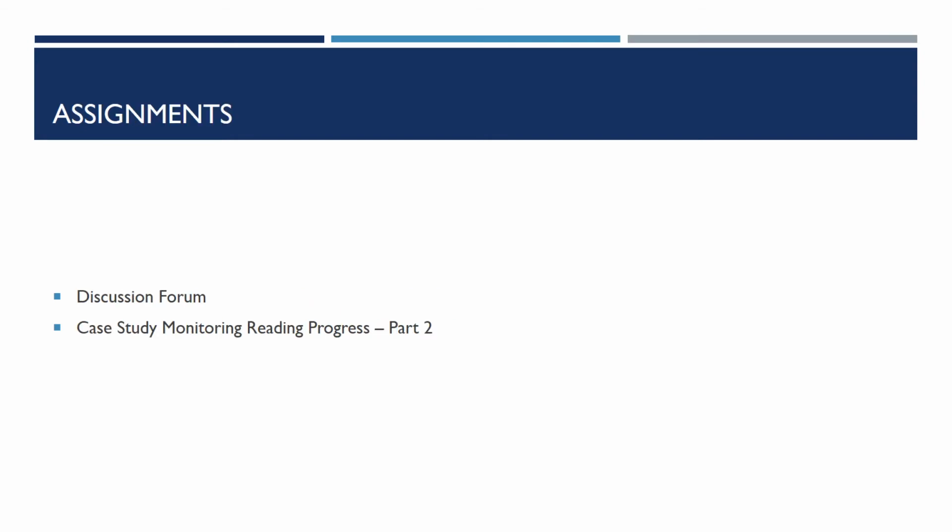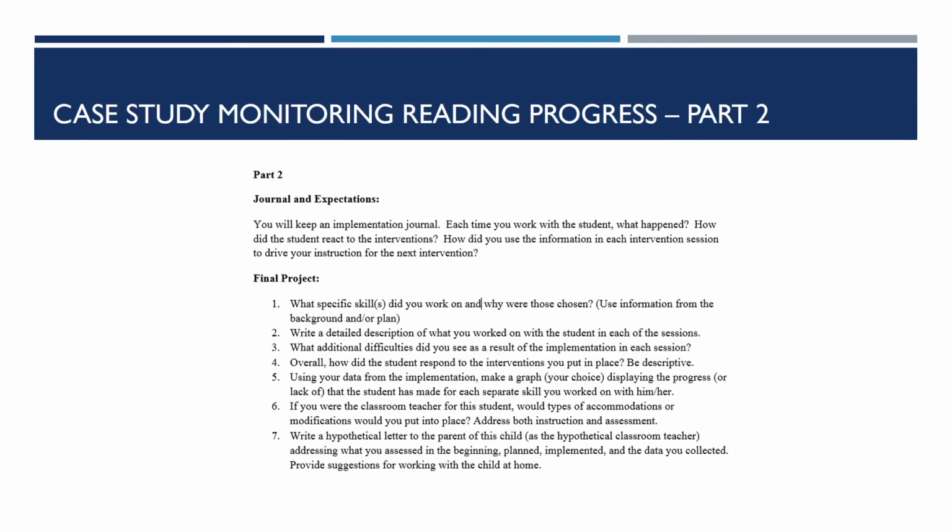Alright, so we talked about your 2 assignments and what is coming up. So now let's look in detail about the case study monitoring reading progress part 2. So we've talked about the sheet that you're going to look at with all the data and information. So because we're doing this in such a short amount of time, we're giving you hypothetical information.